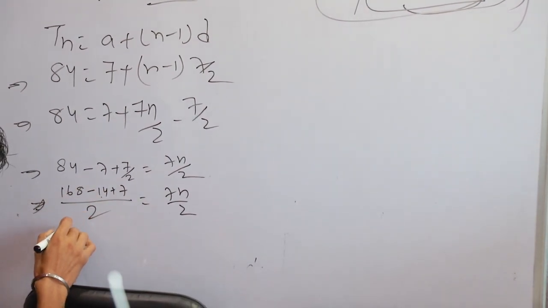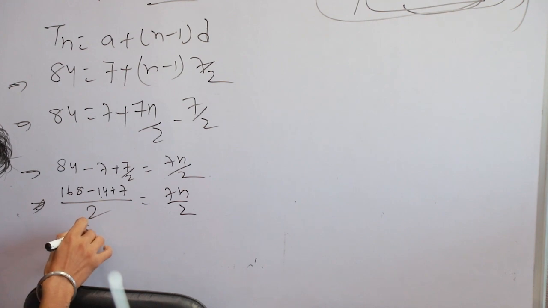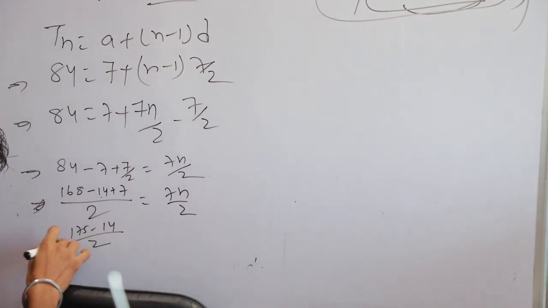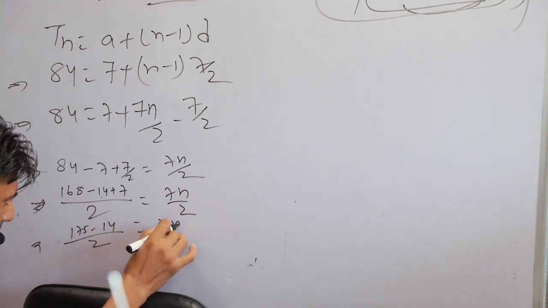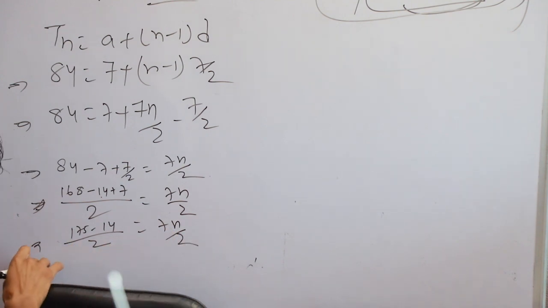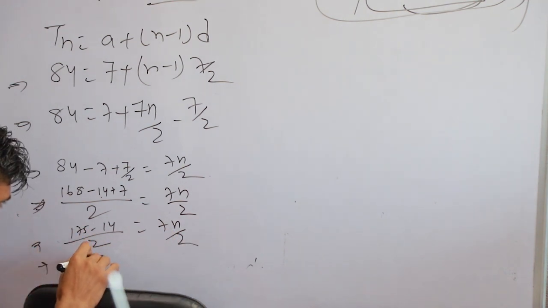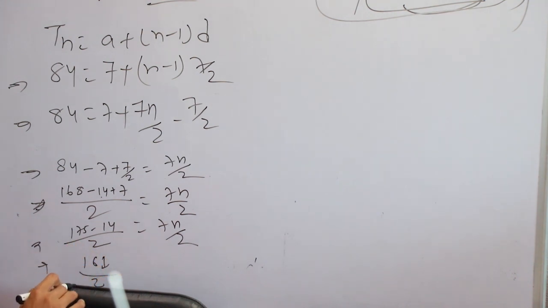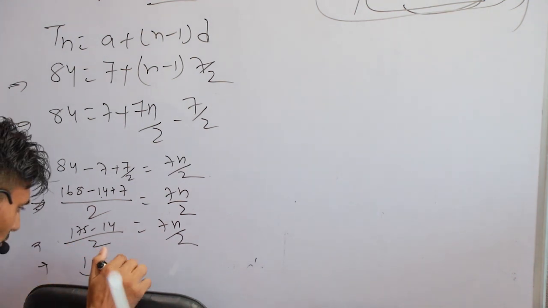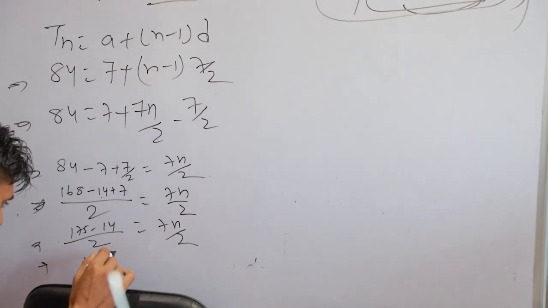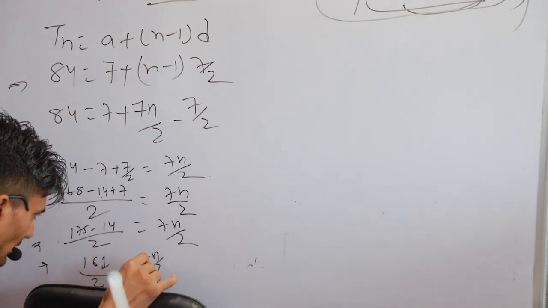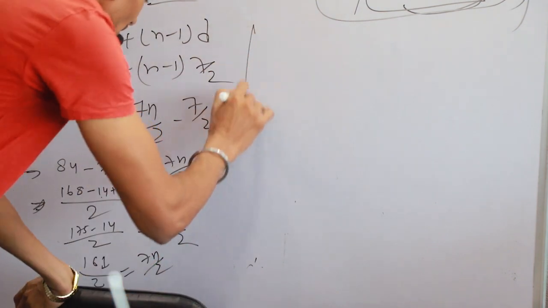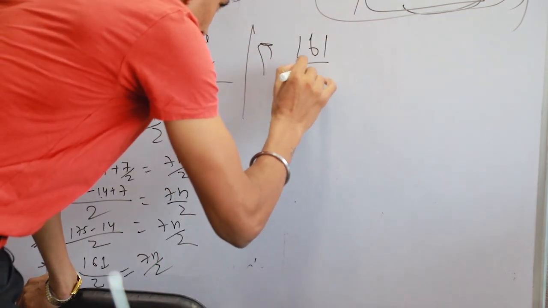Otherwise you can add 175 minus 14 by 2, that is equal to 7n by 2. Here 175 minus 14, 161 by 2, that is equal to 7n by 2.